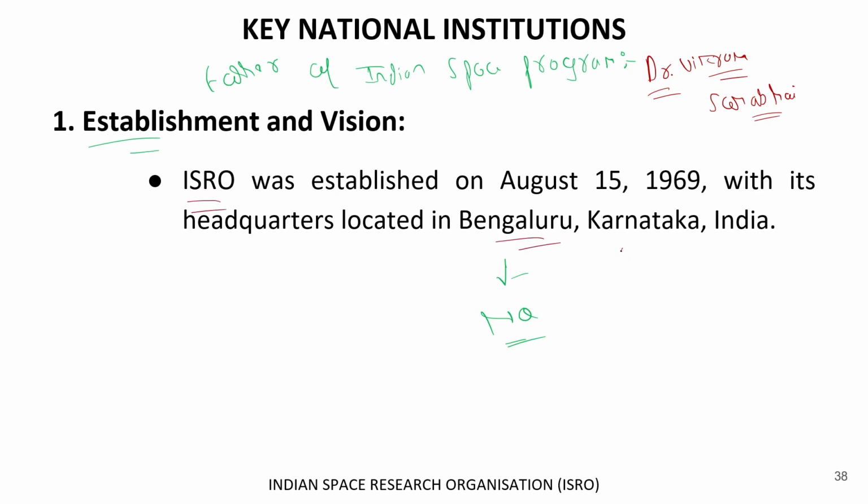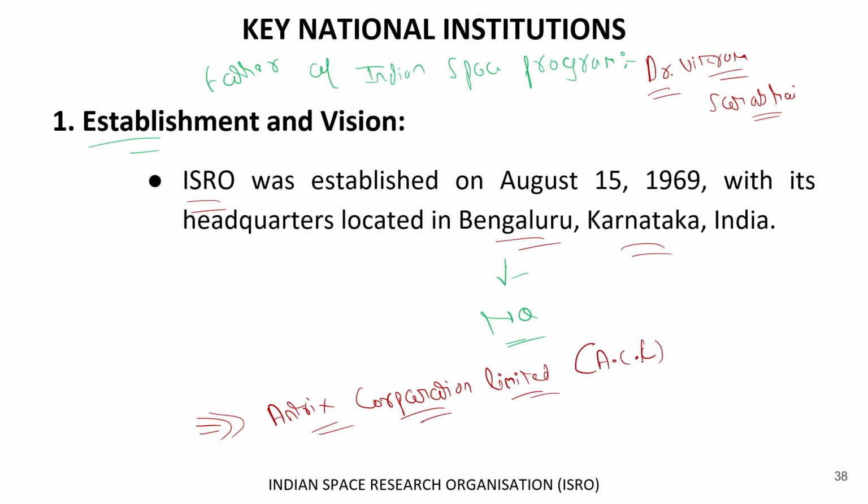As a result, now we have ISRO at Bangalore in Karnataka. And ISRO also has its Antrix Corporation Limited, which is known as ACL. Now what does ACL mean?